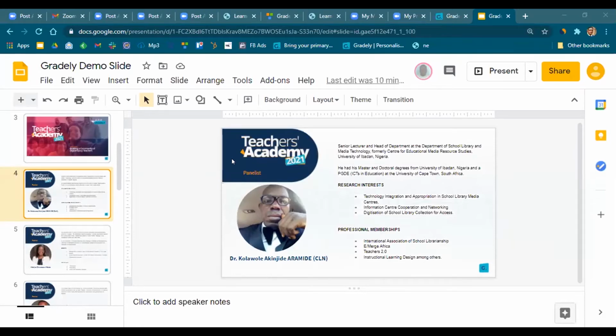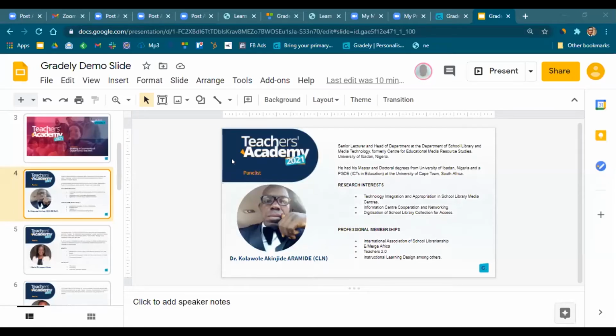They are just adapting to keep the students going during this period when COVID locked everybody down. That cannot take us too far. We have to go beyond that and begin to look forward.